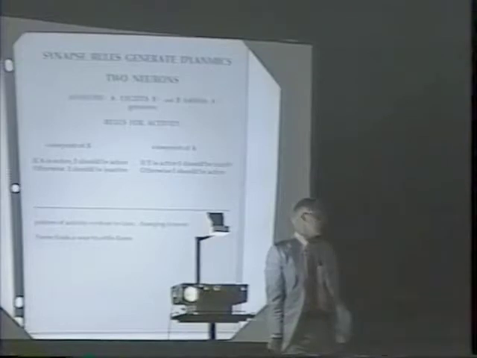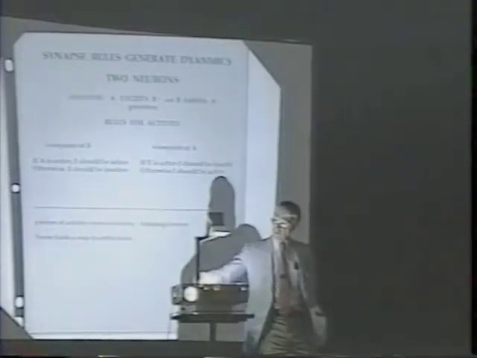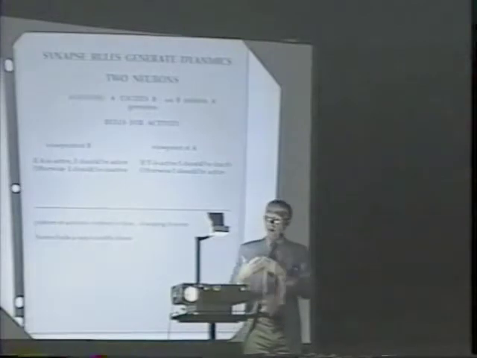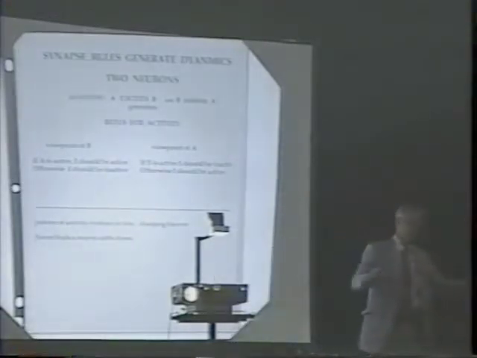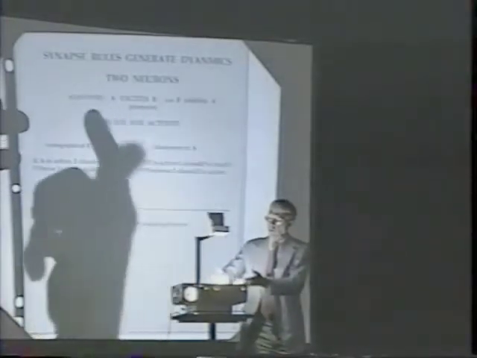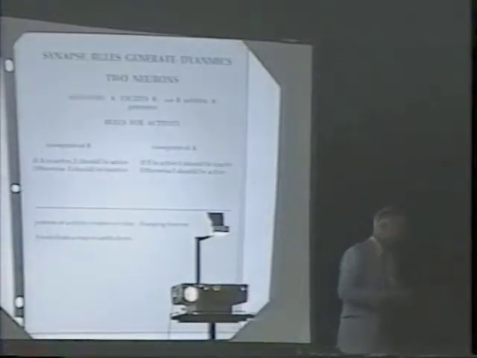And then A looks over and says, oh, B is inactive, so therefore I should be active. And the system will just keep going like this and never stop. The different pattern of how the activity pattern changes with time, you can see is just entirely different, and it depends upon the way the connections are between the cells.